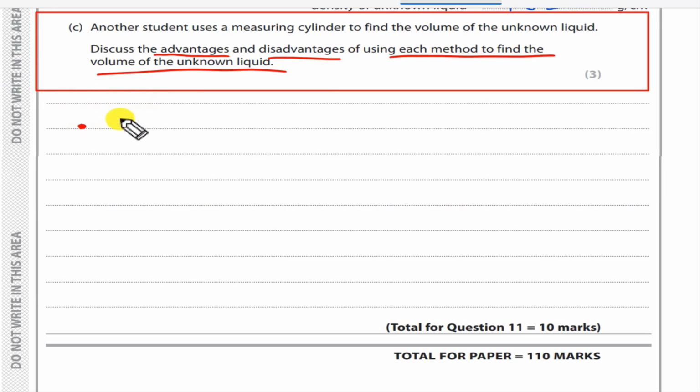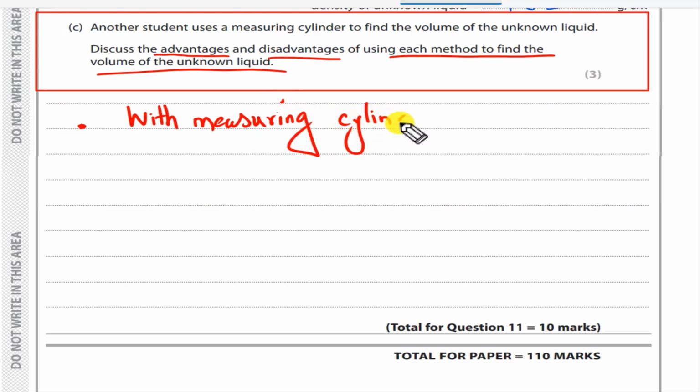With a measuring cylinder, you can read volume to the nearest centimeter cube. Advantages: the measuring cylinder can read volume to the nearest centimeter cube.